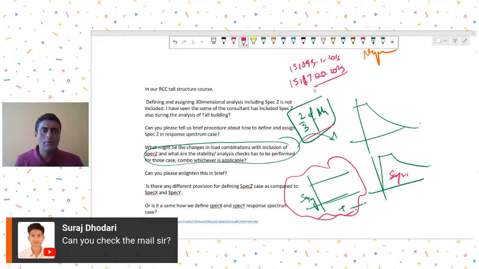When to take vertical earthquakes has also been quite clearly given, under which conditions you have to consider them. For defining it in ETABS, you can look for some YouTube videos where they have explained quite well how to define vertical earthquakes in your actual ETABS model.